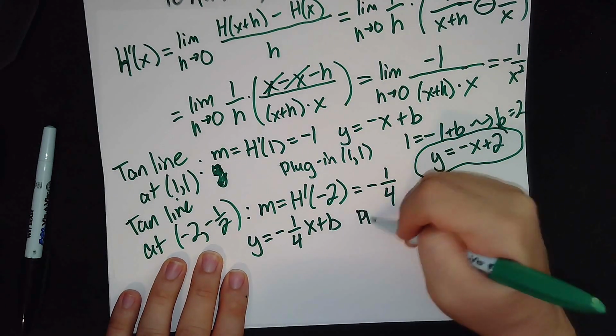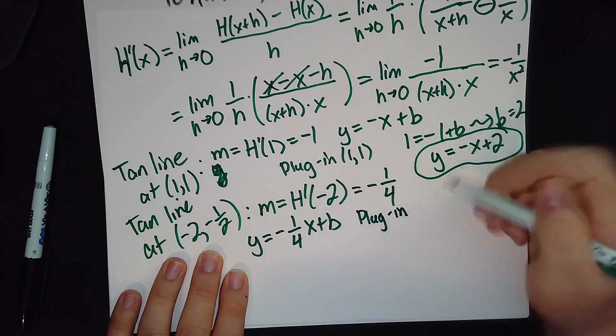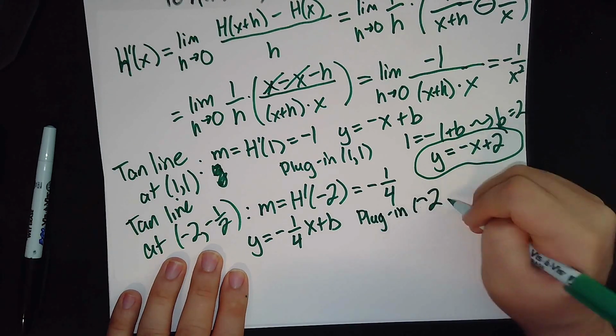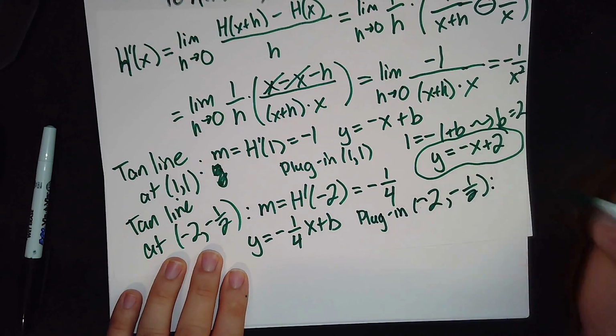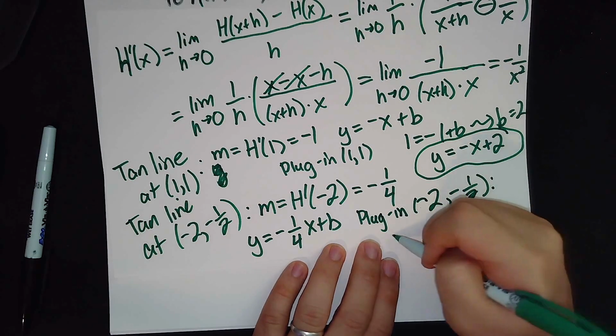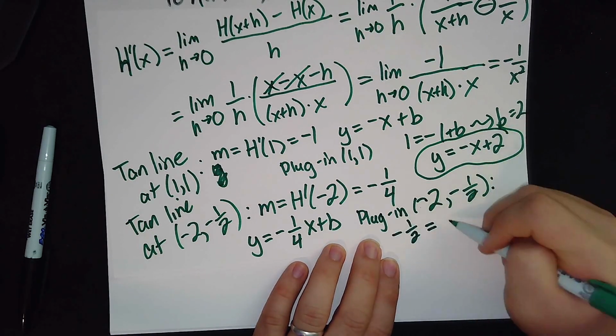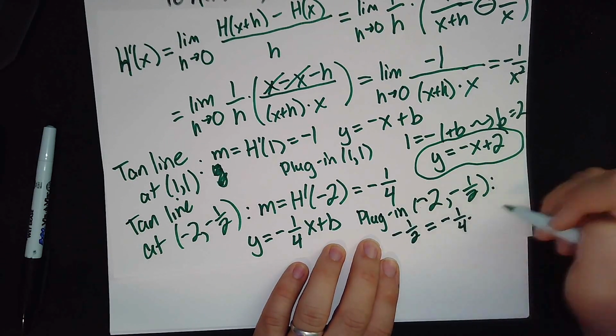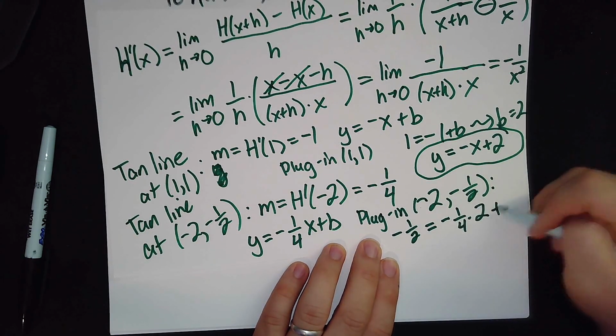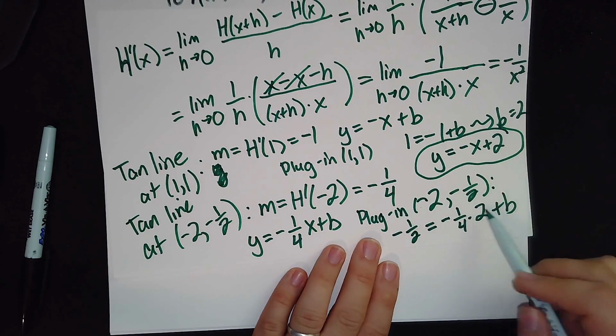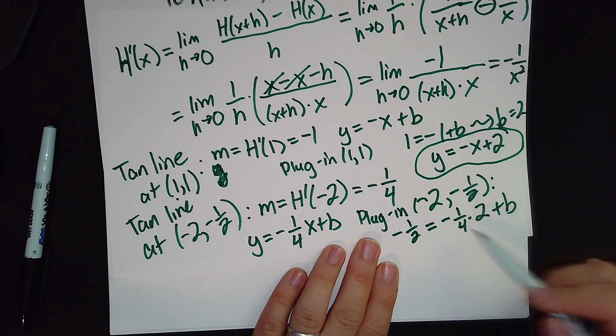And I can plug in the point I want, so that is plug in minus 2, minus a half. And when I do that, I get minus 1/2 equals minus 1/4 times 2 plus b. So that itself is minus 1/2.